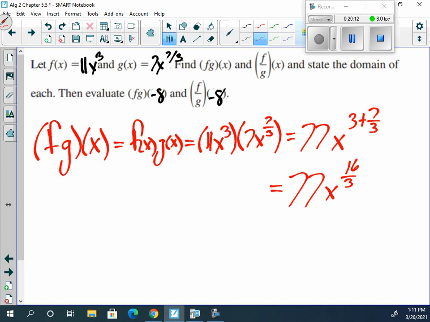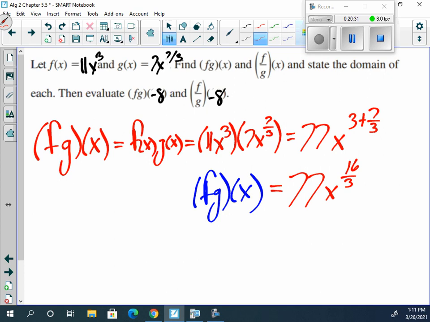Have like bases. And 9 plus 7 gives us 16. So we have 16/3. So our f times g of x is 77x to the 16/3.